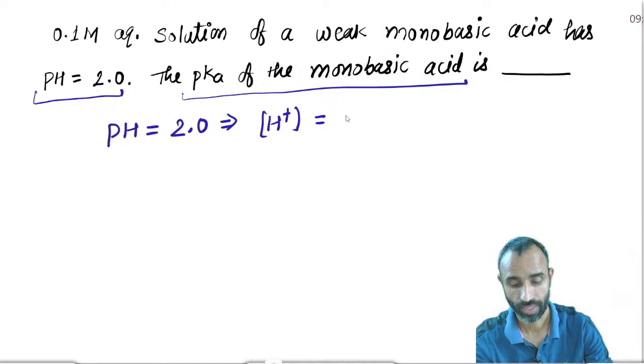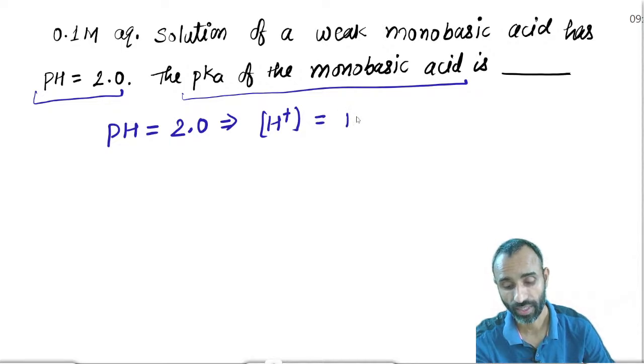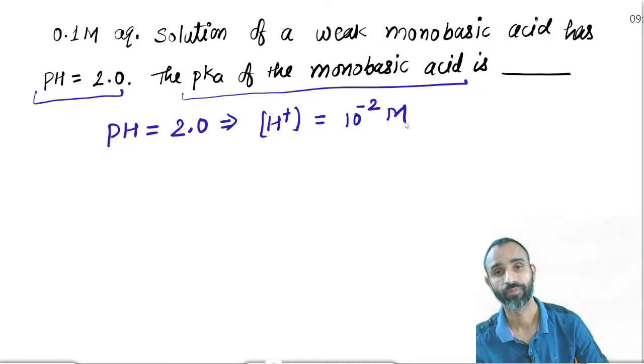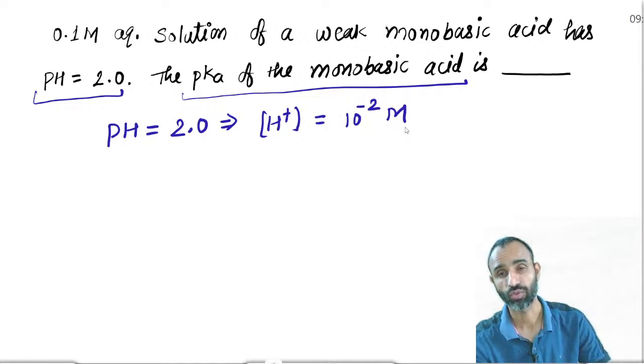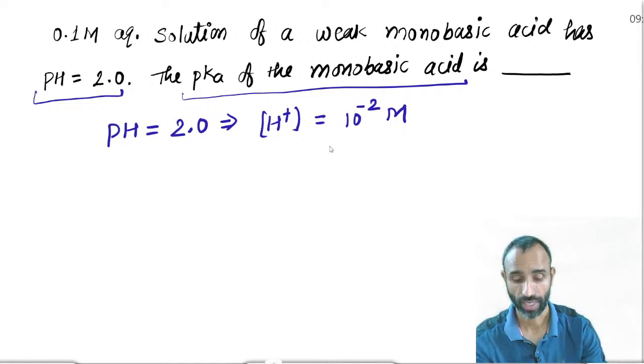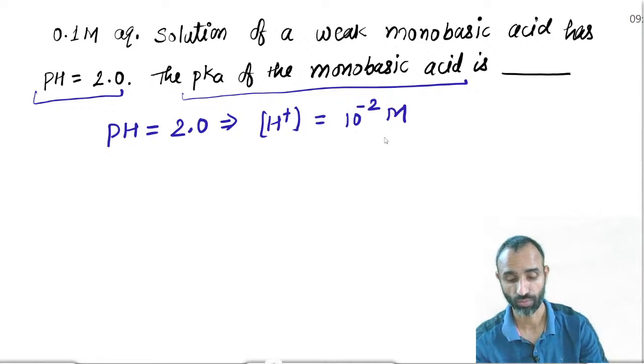Yes, it is anti-log of -2, or we can say it is simply 10 raised to power -2 molar, because anti-log of the number is 10 raised to power the same number. So H plus concentration is 10 raised to power -2 molar.